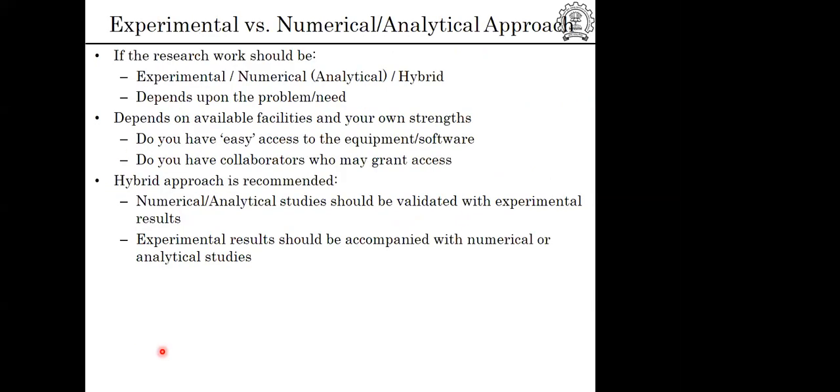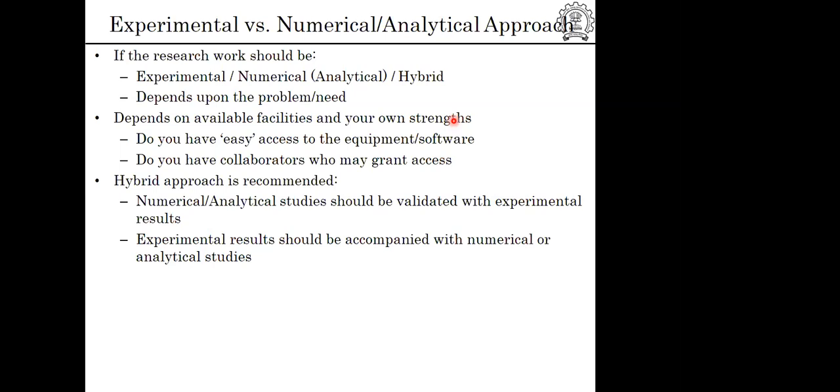Now, I have already mentioned this particular point: whether you decide to go for experimental projects or a numerical approach, it all depends upon the problem's need, the available facilities, and your own strength. That is very important. As I said in the beginning, you need to find out what your comfortable zone is.